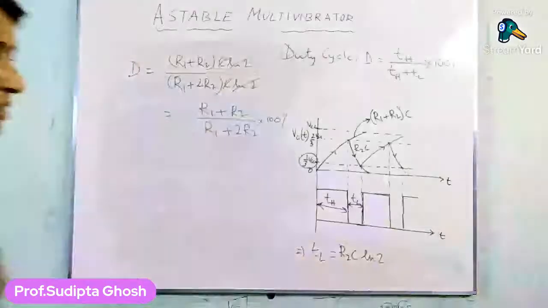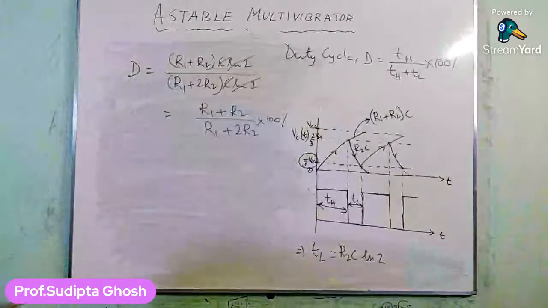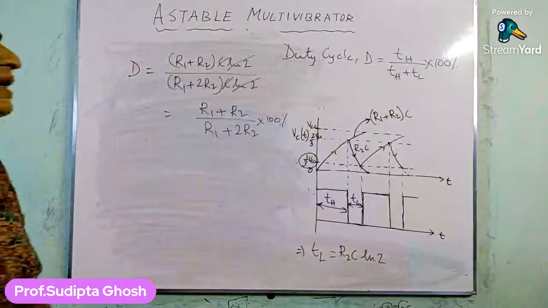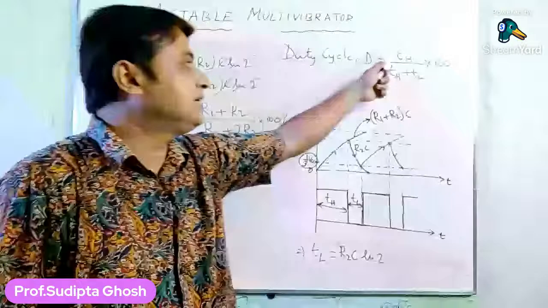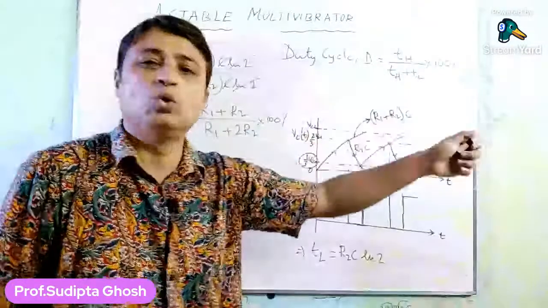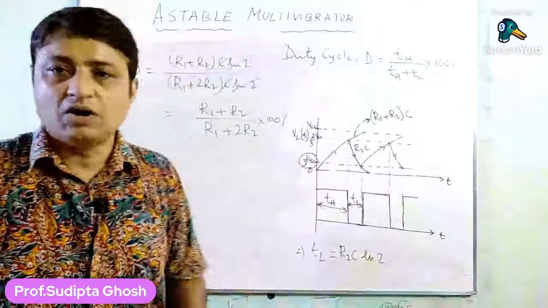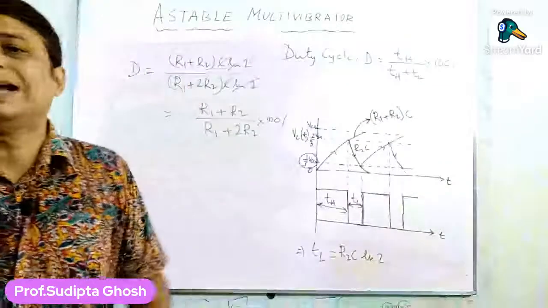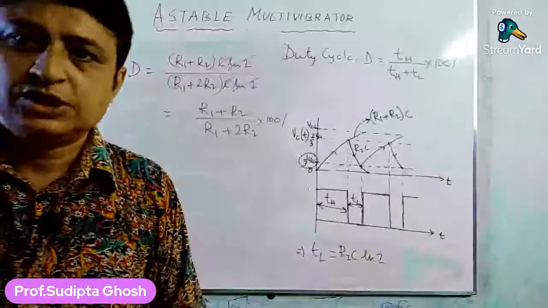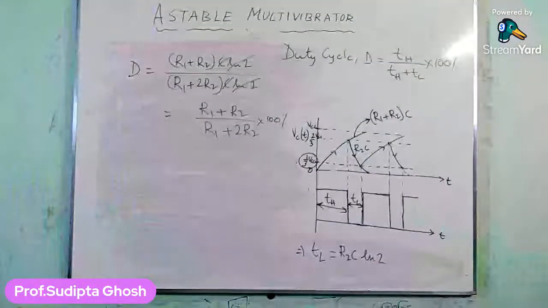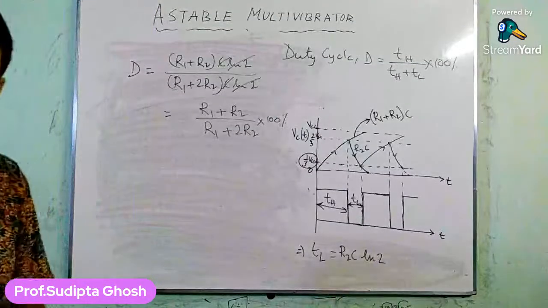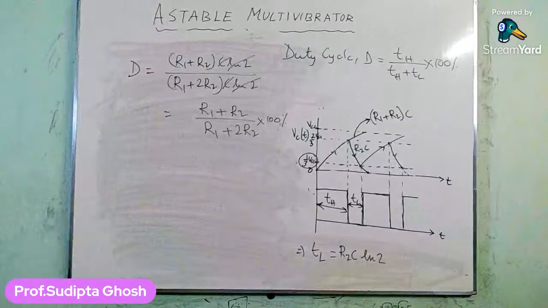So the duty cycle will be half, or rather half into 100%, that is 50%. So 50% duty cycle means that the wave is nothing but a square wave, right?